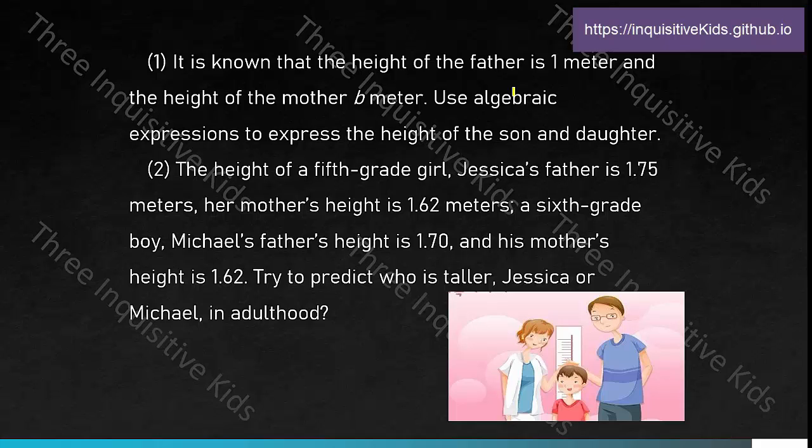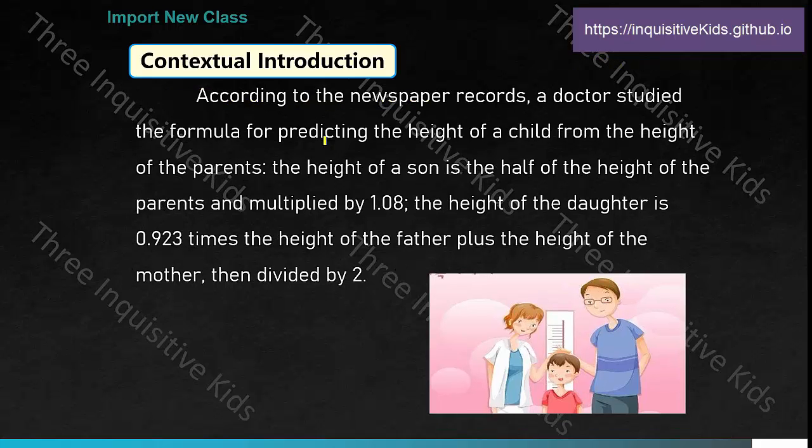Well, we know that the height of father is 1 meter and height of mother is b meter. And then over here again, it said that the height of the son is half of the height of the parents multiplied by 1.08.